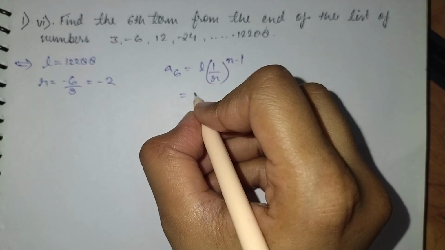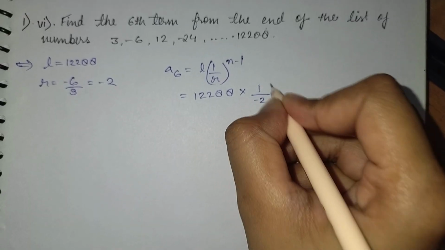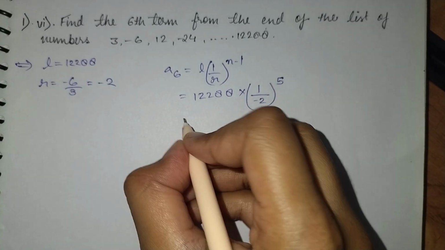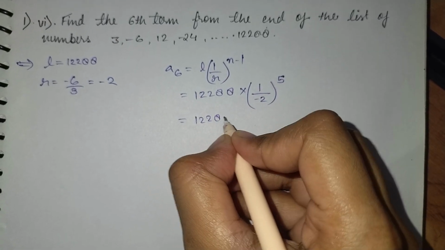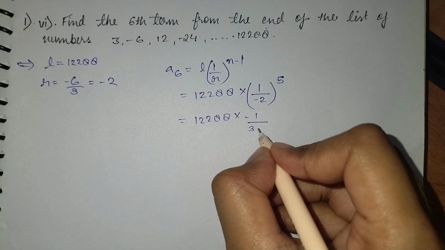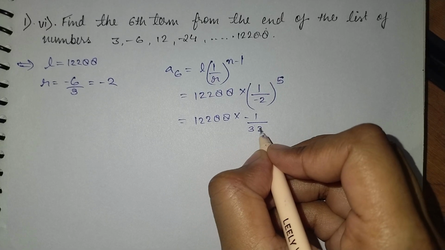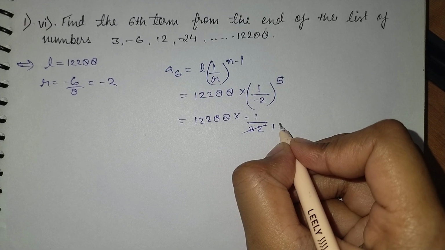Putting these values here, 12288 multiplied by (1/-2)^(n-1), which will become 5 here. Writing this part here, we will get minus of 1 by 32. So cancelling this part, now we can cancel by 6, 2 sorry.